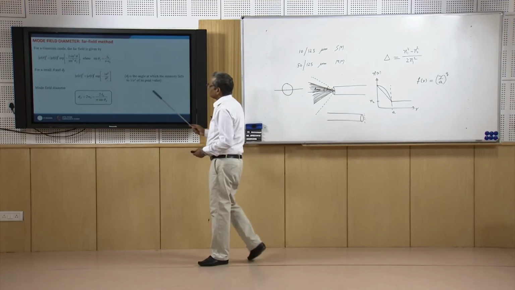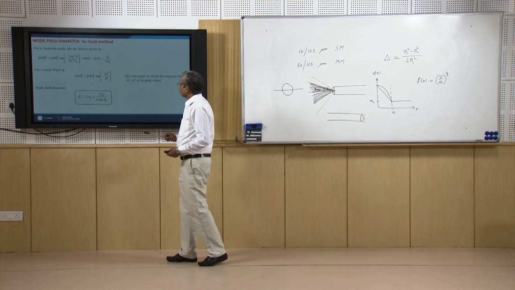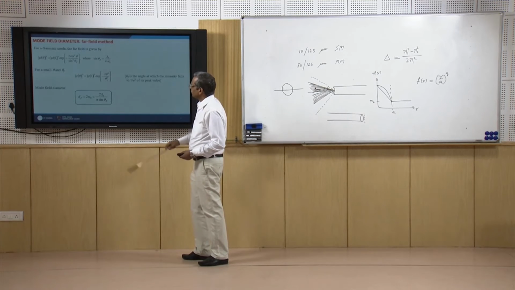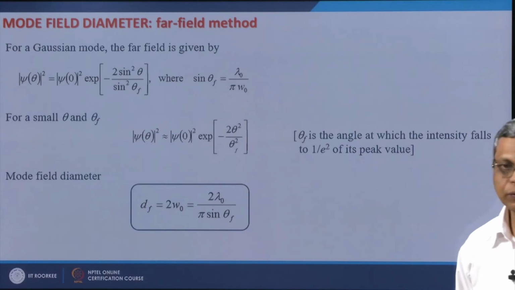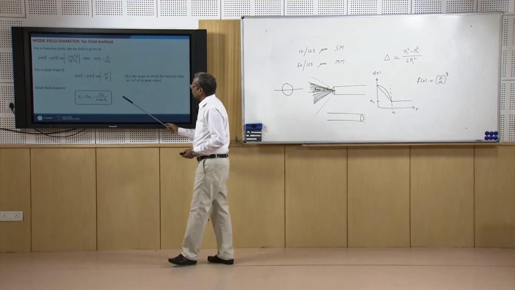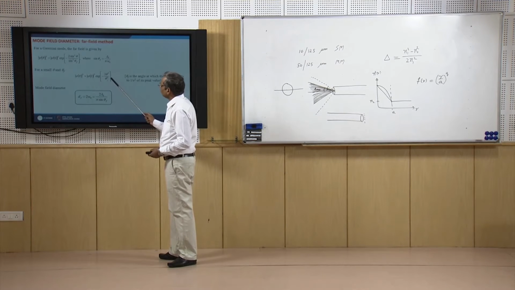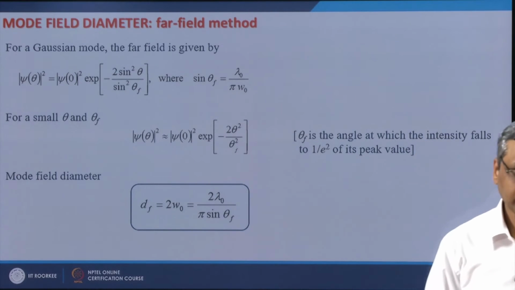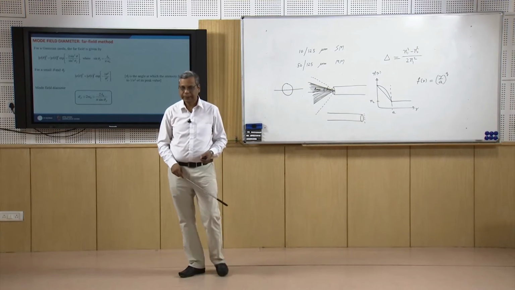So, from here I can immediately see that theta_f is the angle where this intensity, because mod psi squared corresponds to intensity, falls down to 1 over e squared of the intensity at theta equal to 0, where you have the maximum intensity.